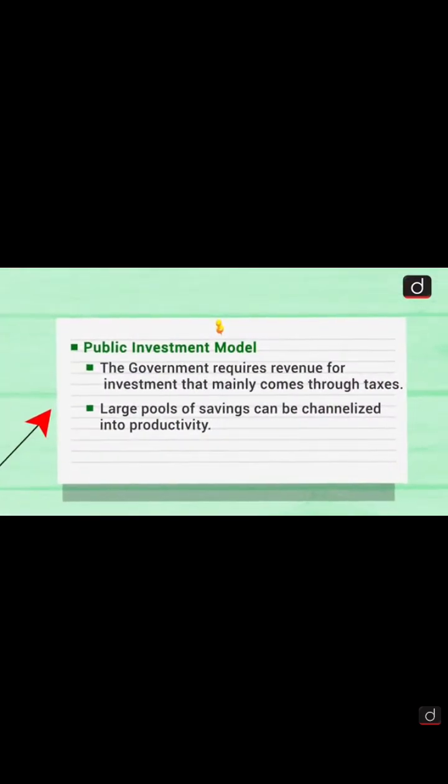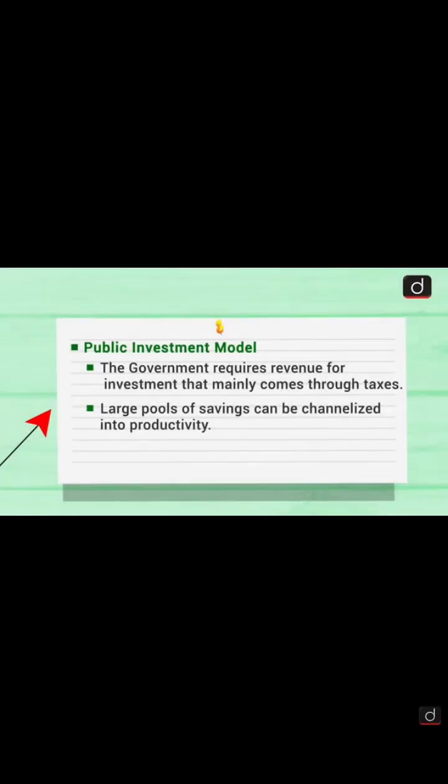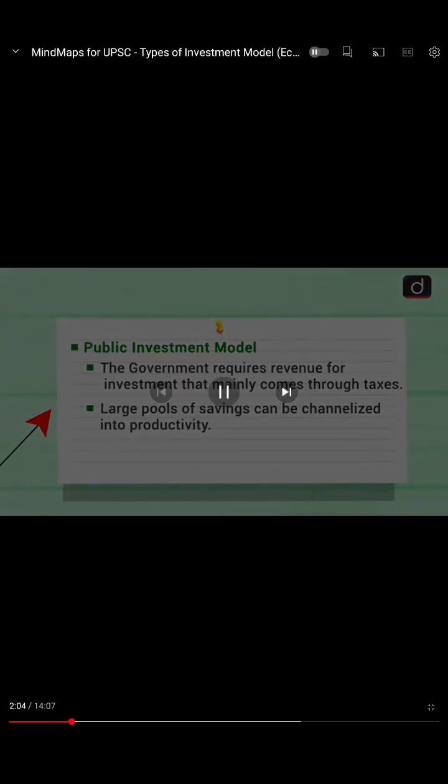Now if we talk about types, the first type we have is the public investment model. Here the government requires revenue for investment that mainly comes through taxes. So for the public investment model, we know that government requires revenue, and government takes money, our money basically, which we pay through taxes, and a large pool of savings can be channelized into productivity.